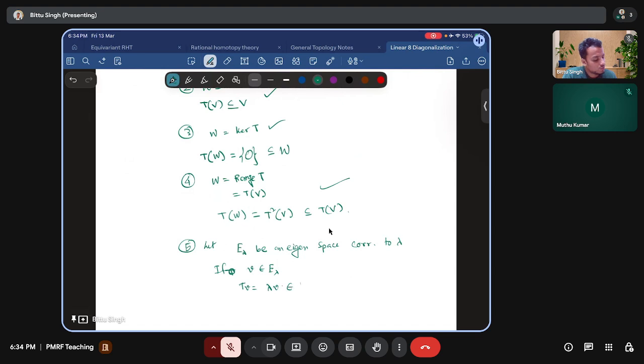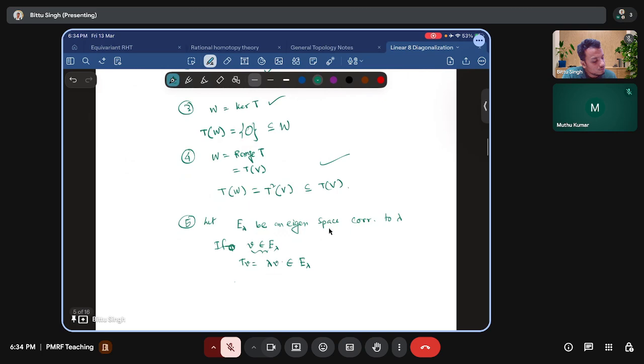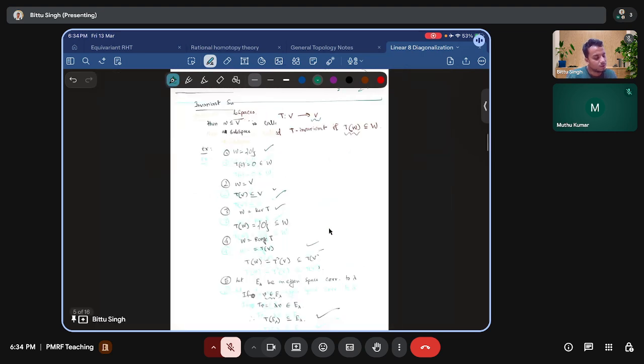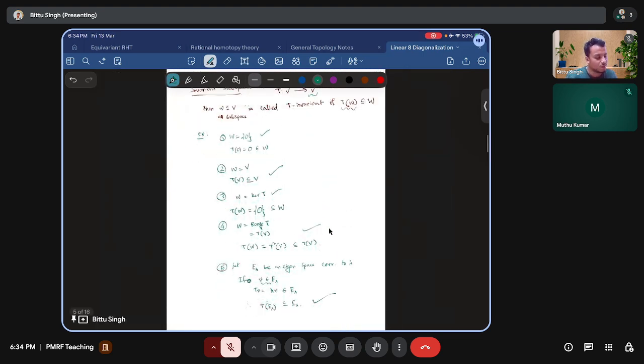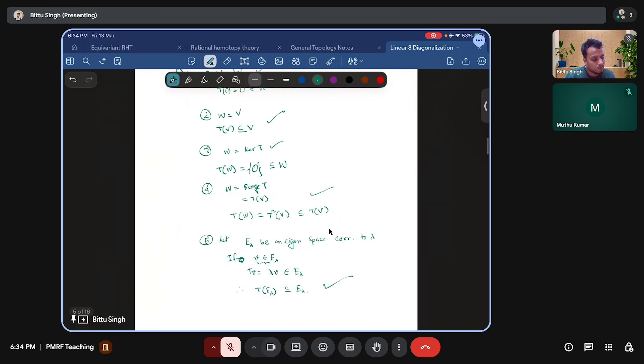But lambda times v also belongs to E lambda, right? Because v belongs to E lambda, by definition of a subspace, scalar multiplication should also lie in E lambda. So we are getting that T of E lambda is contained in E lambda. Hence, this is also a T invariant subspace. Okay.